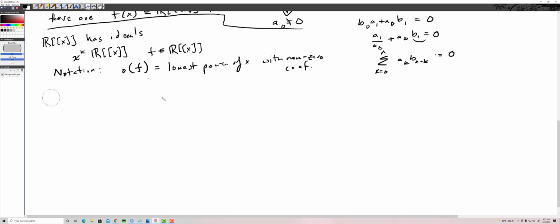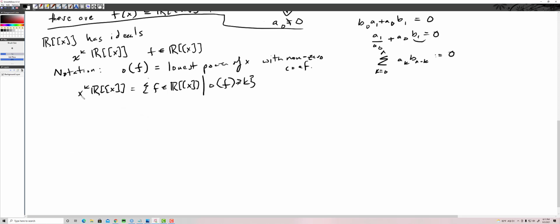And you'll see, if you just think about it for a second, that this is the exact same thing. This ideal, writing this, is the exact same thing as just considering series that have at least order k, right? They're the same thing, all right?